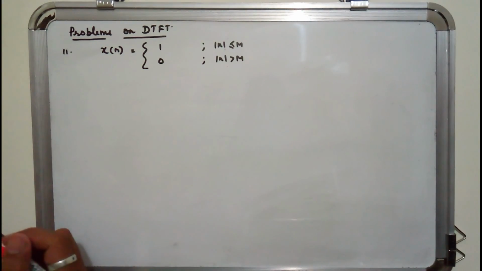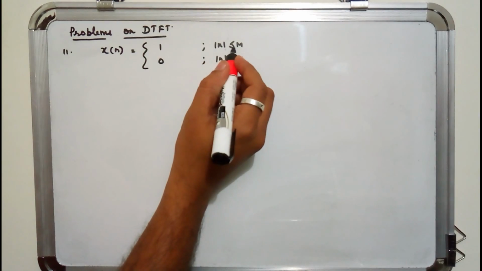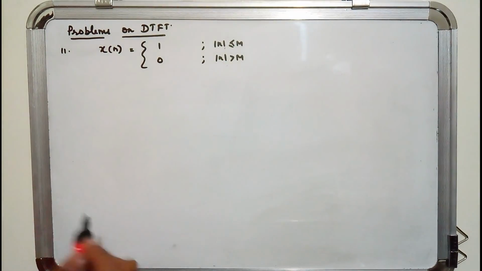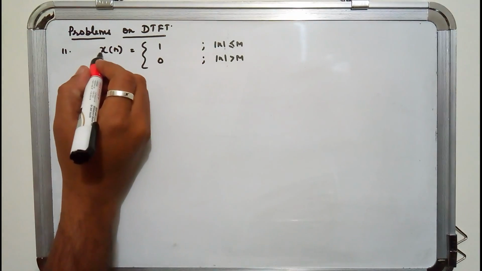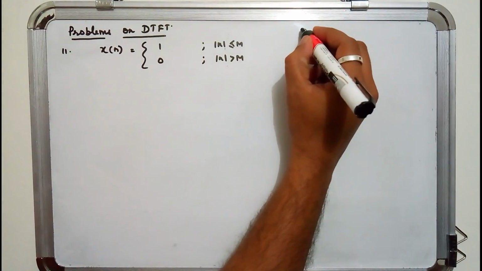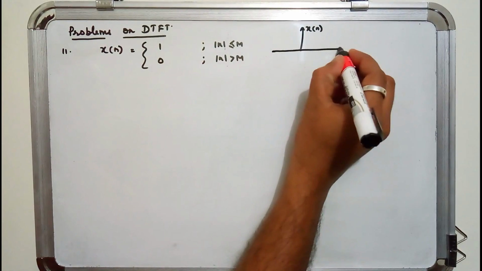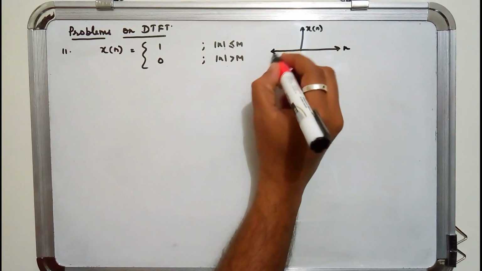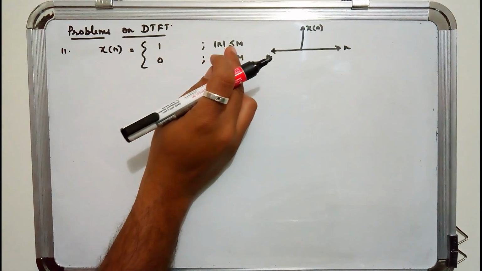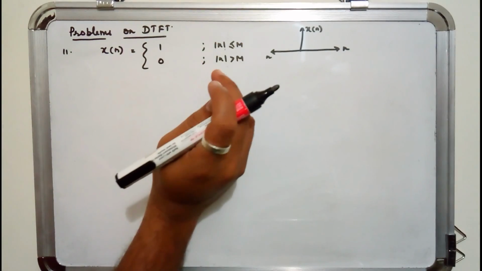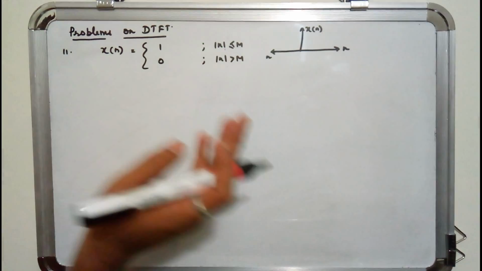So in this problem x of n is given to be 1 when magnitude of n is less than or equal to m and 0 otherwise. Now how does my x of n look like? If this is my x of n and this is my x-axis, magnitude of n is less than or equal to m. Now mod n means what? It can take positive values as well as negative values.